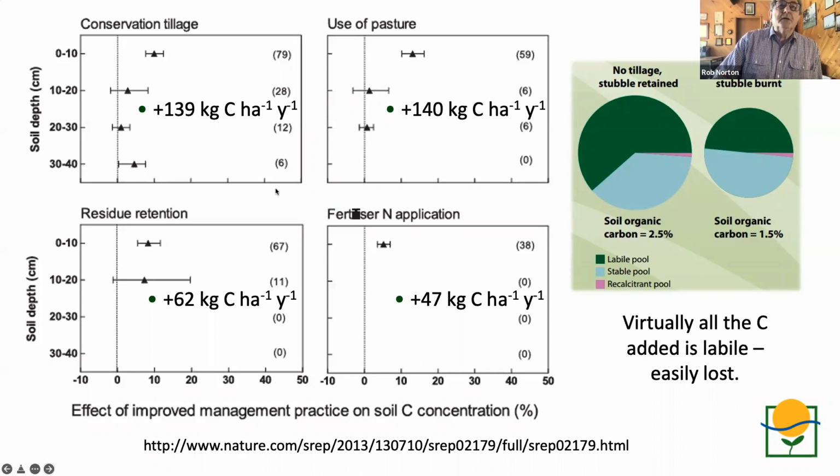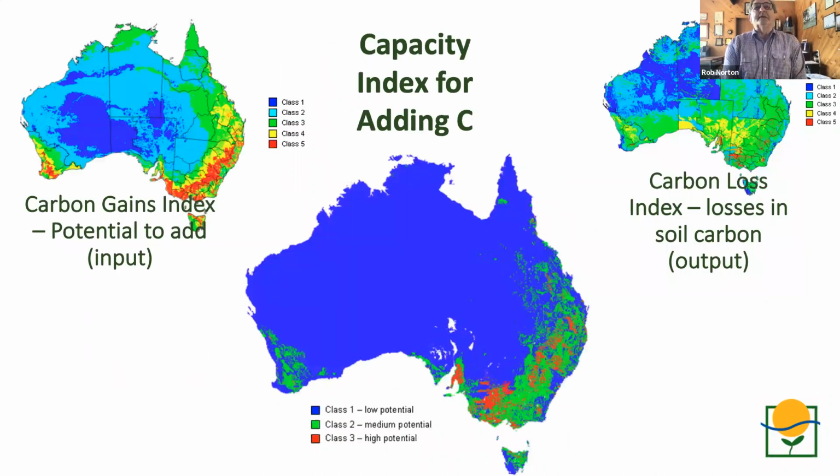So yes, we can add carbon. In terms of our environment here, it's probably somewhere around 150 to 200 kilograms of carbon per hectare per year that we could sequester. And that falls pretty much in line with some work that was done out of CSIRO by Jeff Baldock, looking across Australia at what the capacity is. We saw how big the bucket was. The two graphs here are the input and the losses.